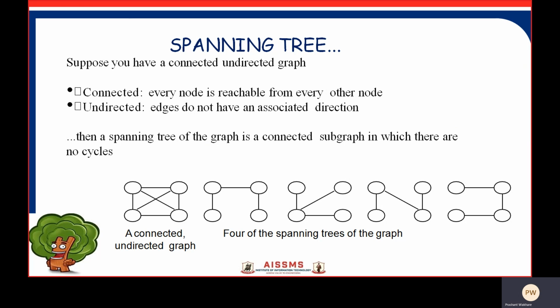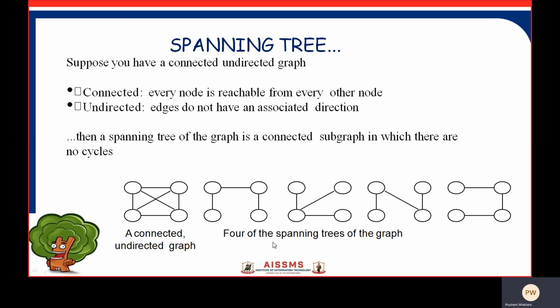Then a spanning tree of the graph is a connected subgraph in which there are no cycles. No cycles or no circuit is a very important point in the spanning tree concept.